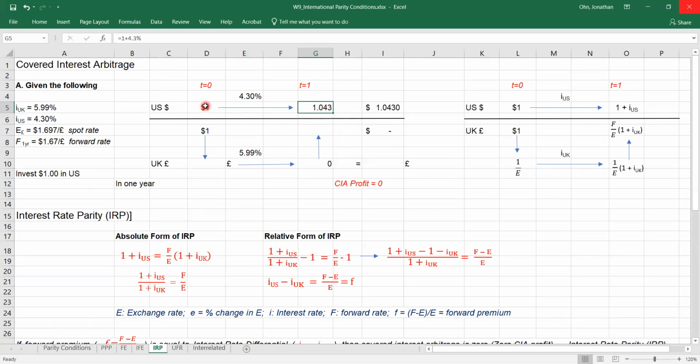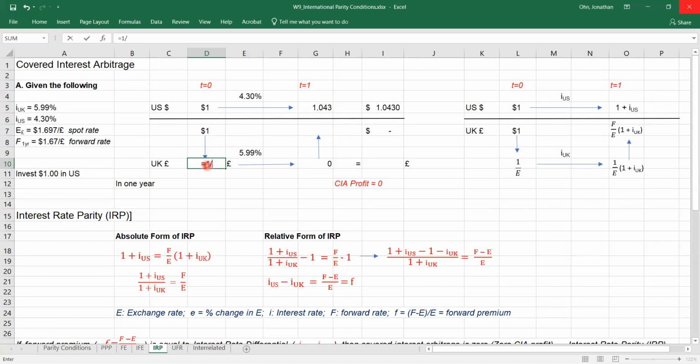But if you use the 1 million, 1 million to 1,043,000. If you move this one to the UK and change that to UK pound and invest there, let's see what happens.